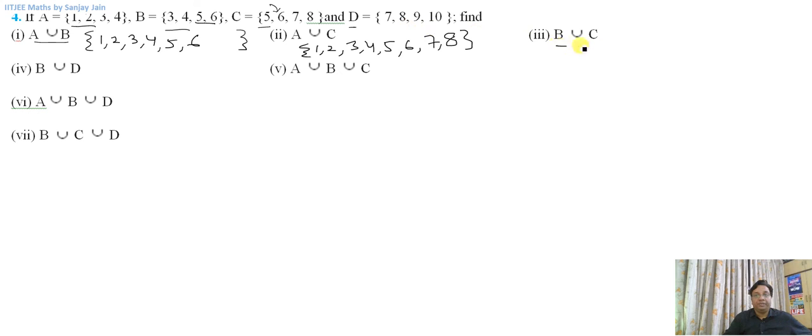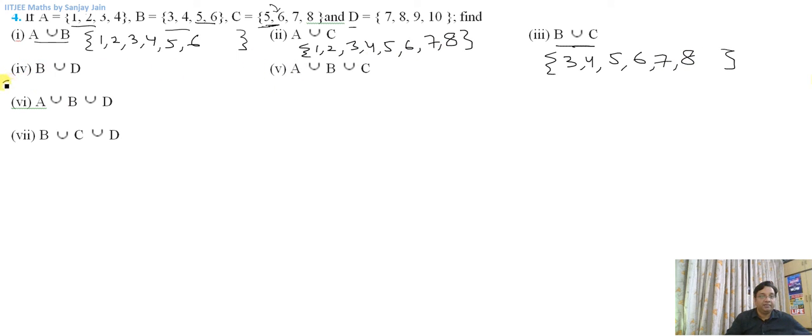And B union C, so for B union C, let me write the elements of set B, 3, 4, 5, 6. Now I'll write elements of C, avoiding the repetition. So 5, 6 are already written, so I'll write 7, 8 here. So this is B union C.